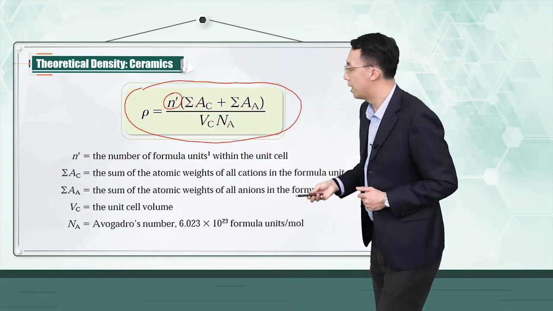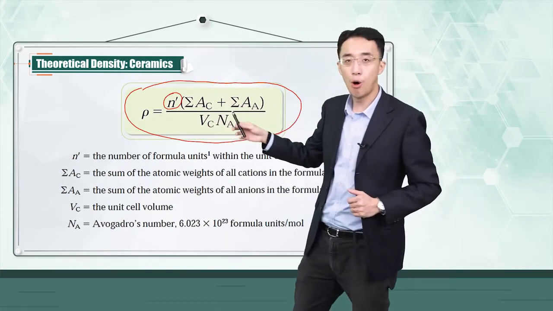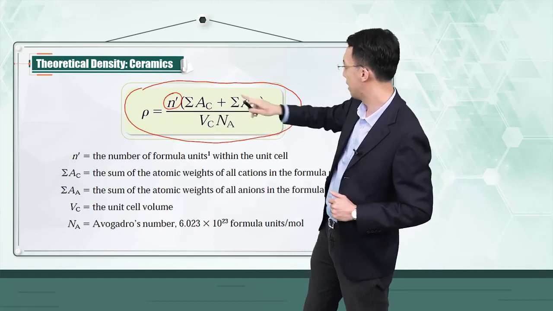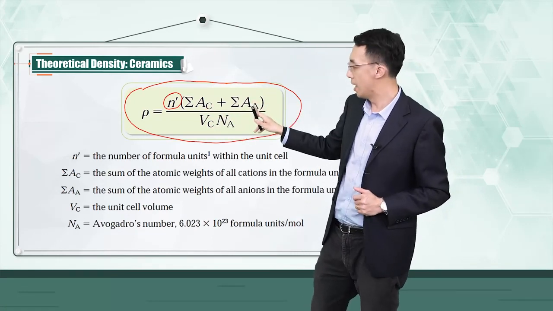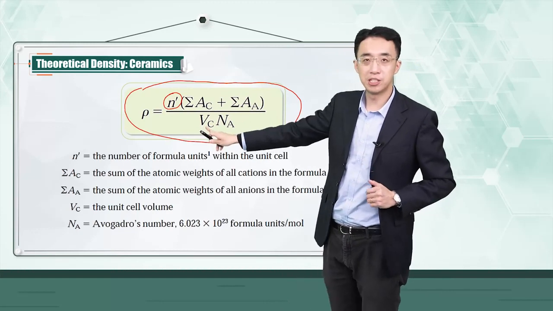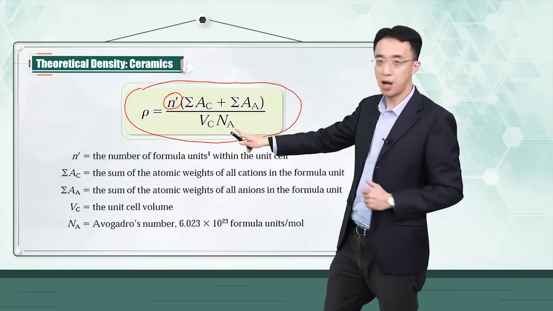Okay? And then you just do a summation of all your cation atomic masses and anion atomic masses, and then divide by the volume of the unit cell as well as the Avogadro constant.